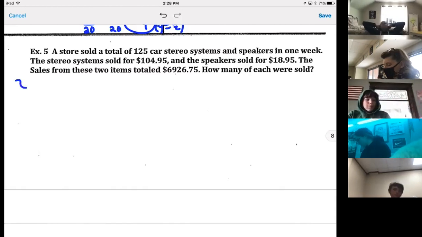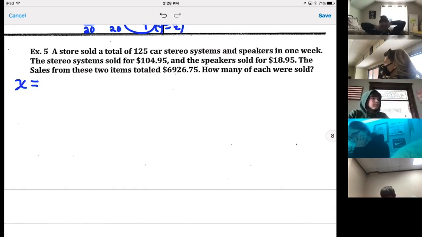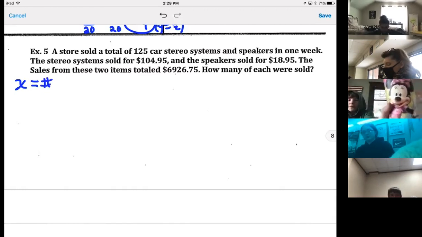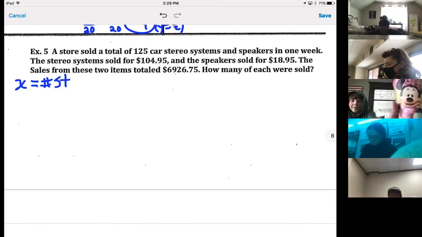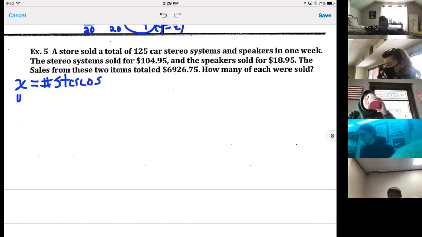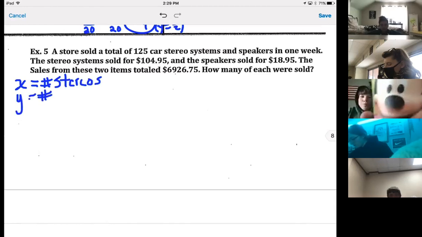So first of all, we're going to define our variables. Couldn't you just divide both of them by 100? Nope. Much more difficult than that. So X is the number of stereos. And Y will be the number of speakers.